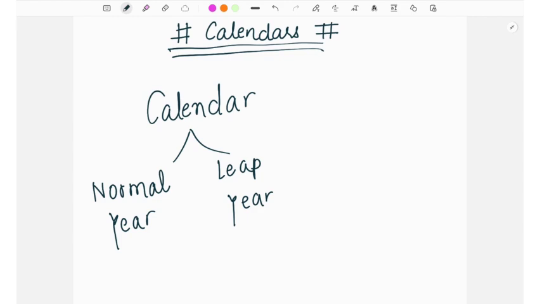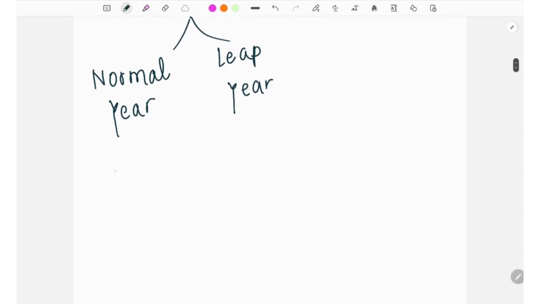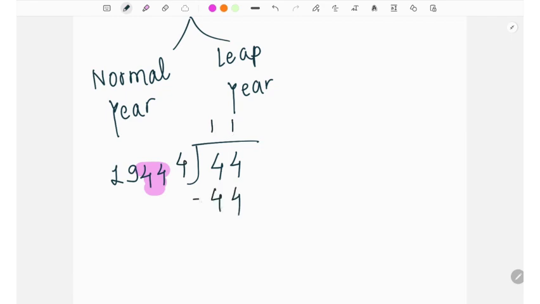What we have to do, students, we have to divide that given year by 4. Suppose, for example, I have given you a year over here, 1944. Now here what we have to do, students, just focus on the last two digits. What are the last two digits given in the year? 44. So check now whether 44 is divisible by 4 or not. 4 elevens are 44, correct? 4 elevens are 44.